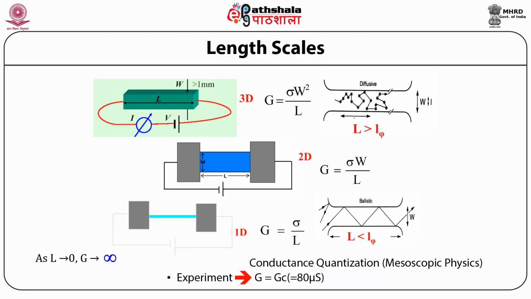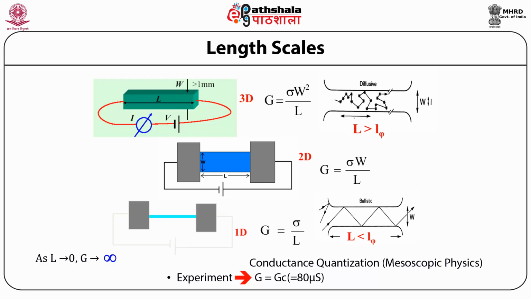So G is equal to sigma W square by L. Now in 3 dimensions it becomes macroscopic, that is L is greater than L phi.